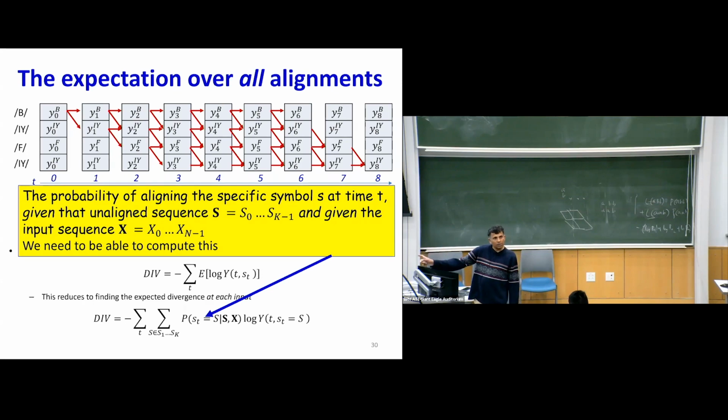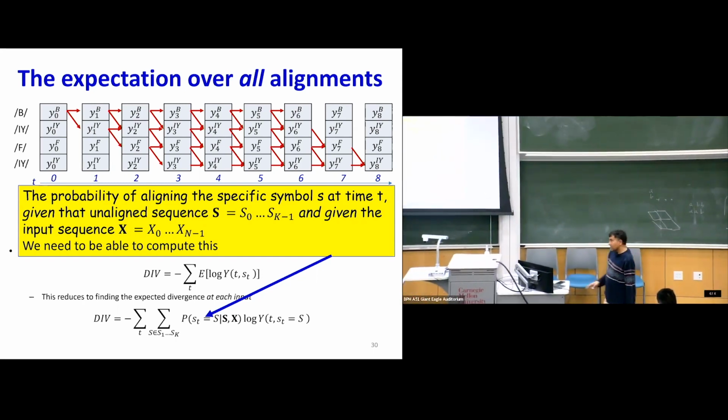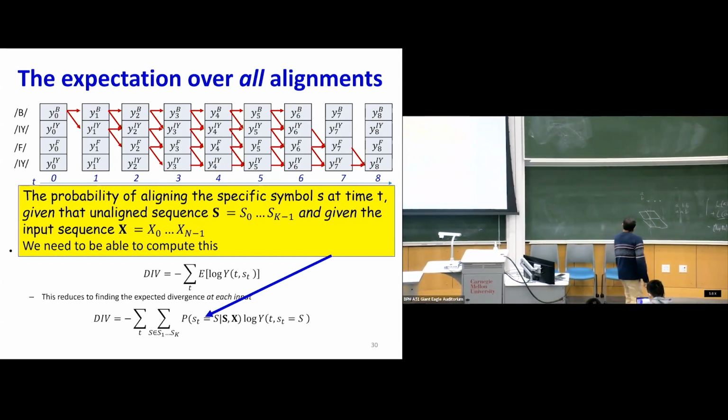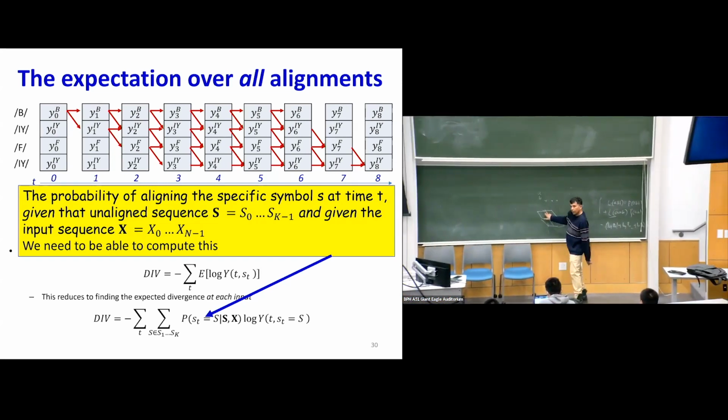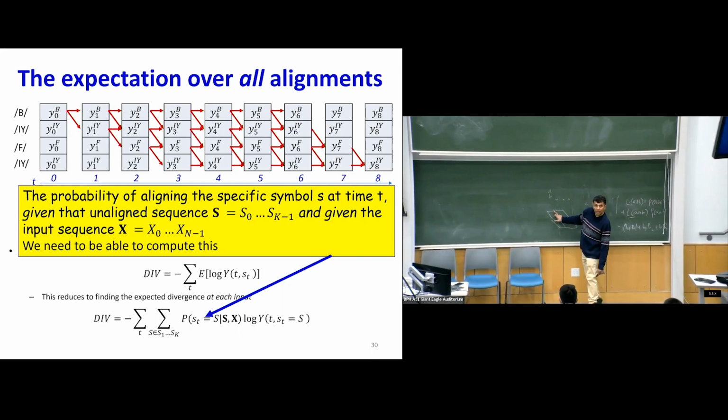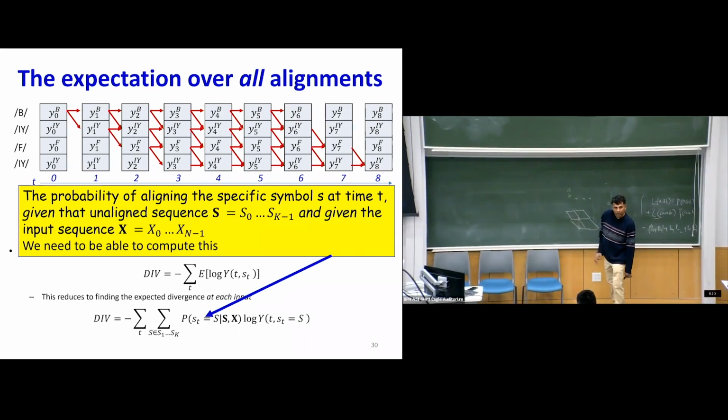So we need to be able to compute this term, right? What exactly is the term? That is the probability, given all the information you have, namely the sequence, the ordered sequence and the input, that the symbol S, this node over here, is in the alignment at this time, right?